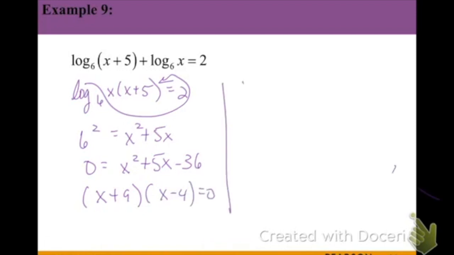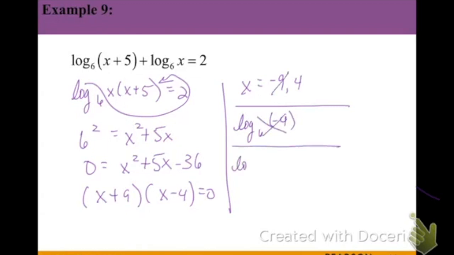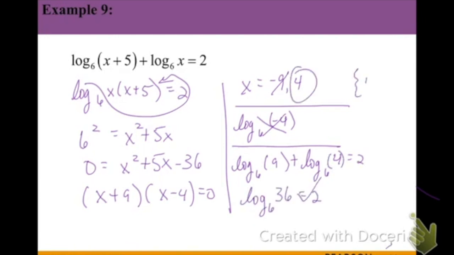So set your values each equal to 0 and solve. So our potential answers are -9 and +4. When we check -9 right away, we see it doesn't work because we get a negative log value. When we check +4, however, we get a true statement because we condense by multiplying, and so log base 6 of 36 does equal 2. So our solution is 4.